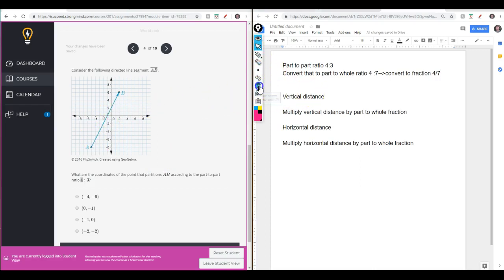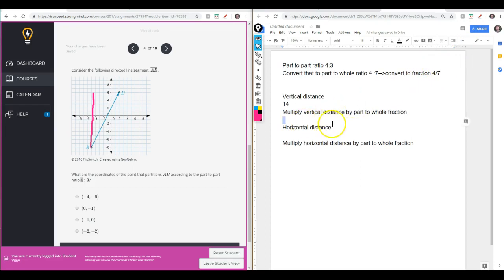Now, since I have a graph, I find it really easy to count from A to B. So vertically it went 1, 2, 3, 4, 5, 6, 7, 8, 9, 10, 11, 12, 13, 14. It went up 14 units. So the total vertical distance is 14, and I only want to go 4/7 of the way up.